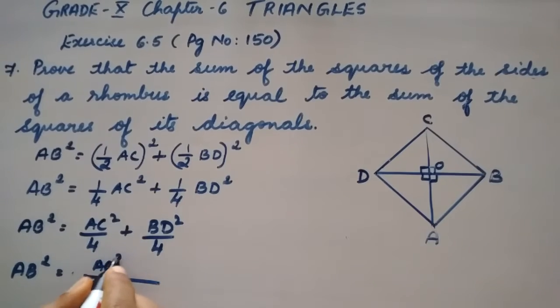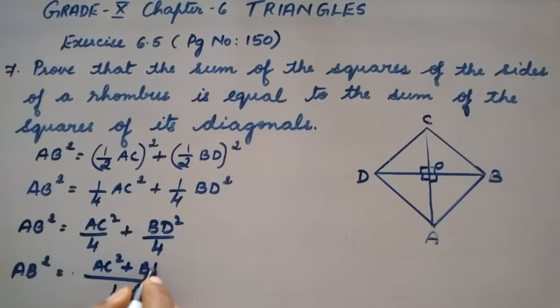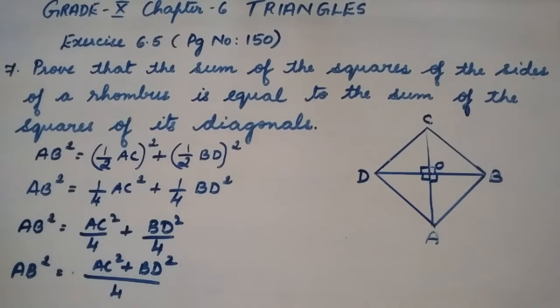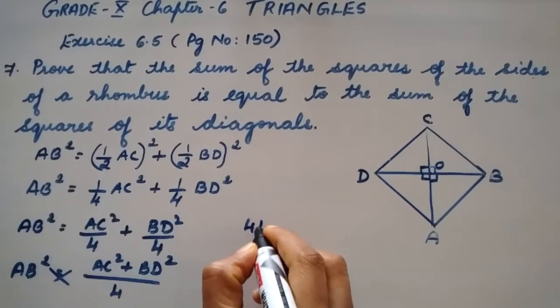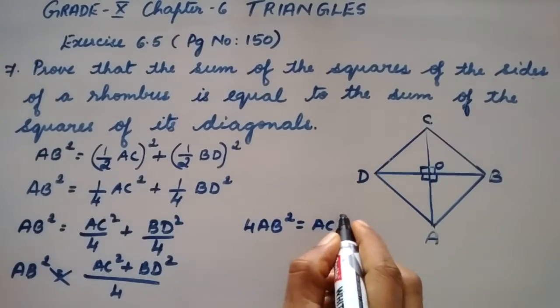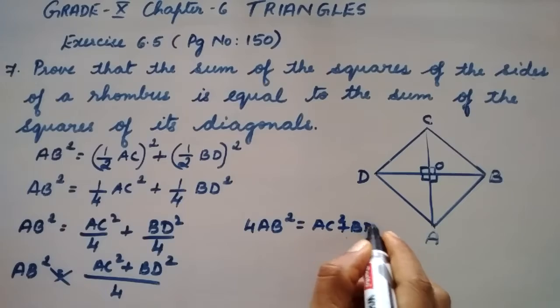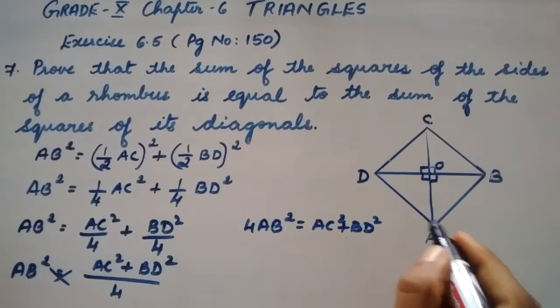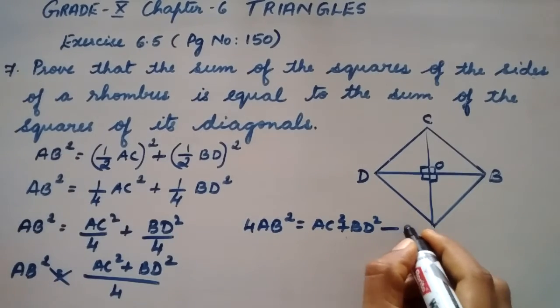We get AC square plus BD square. Then let us cross multiply this. So we get 4AB square is equal to AC square plus BD square. So let us take this as 1.